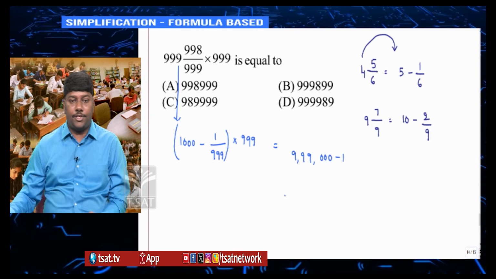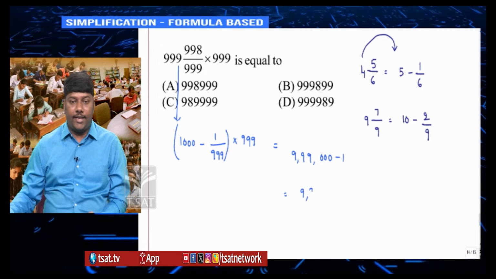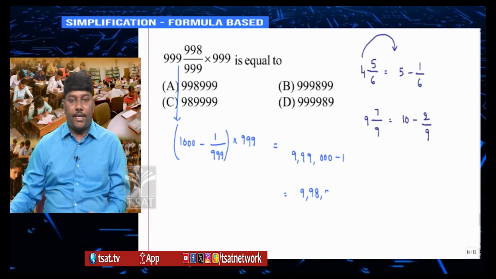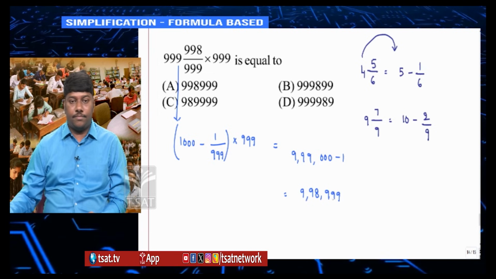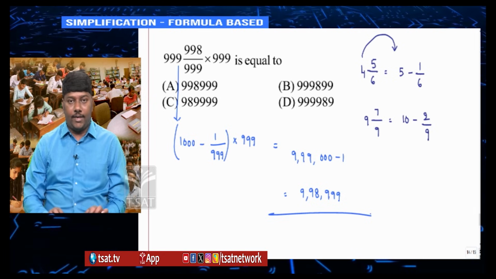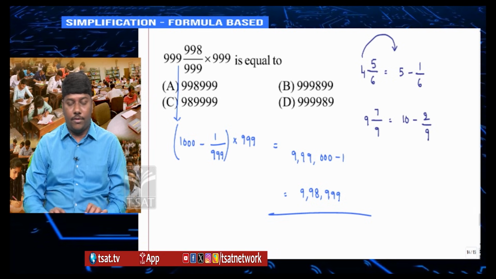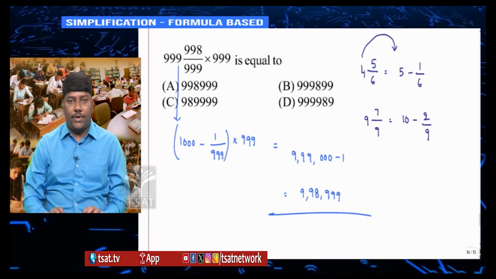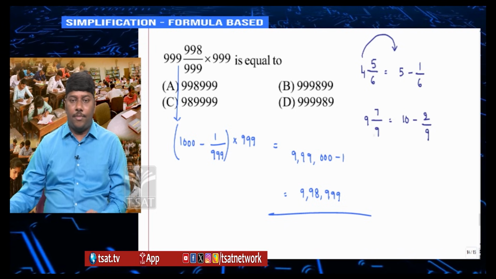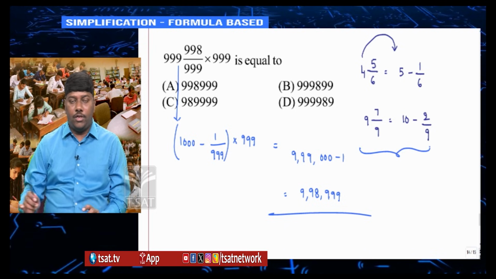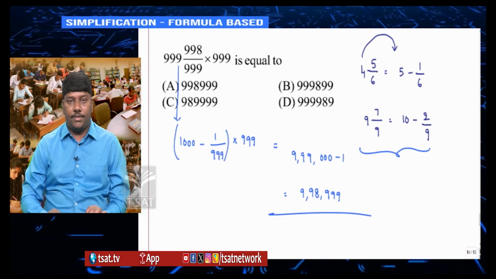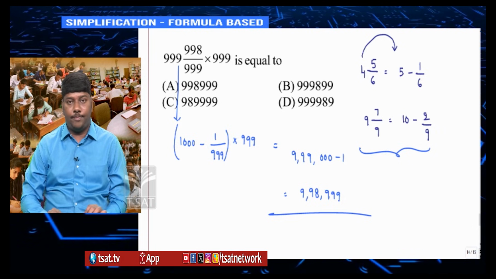Directly we came to final step, which is 9,98,999. So 9,99,000 minus 1, which is 9,98,999. So any sum based on this, just remember these things. You can always write A B by C as A plus B by C.